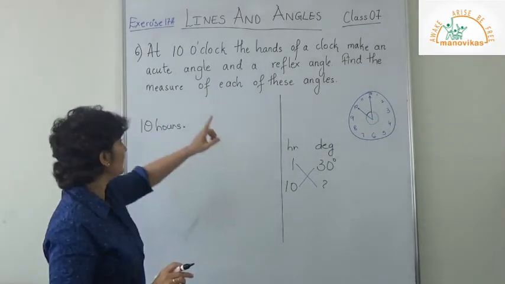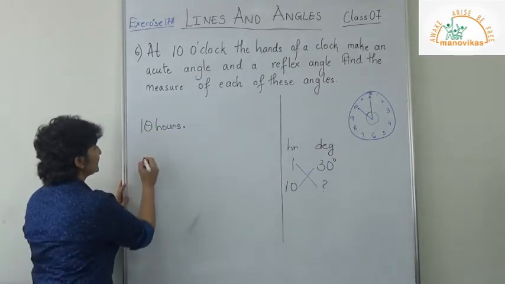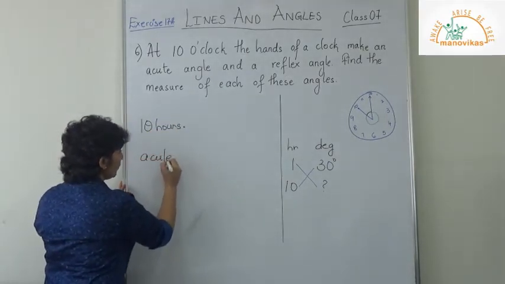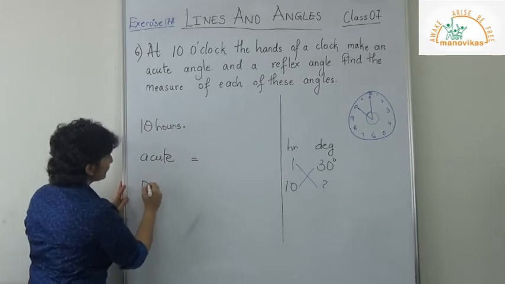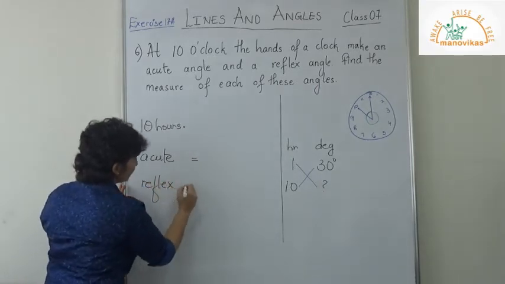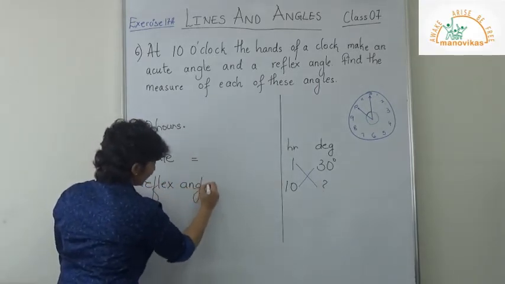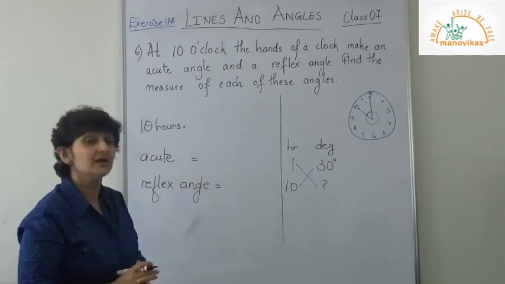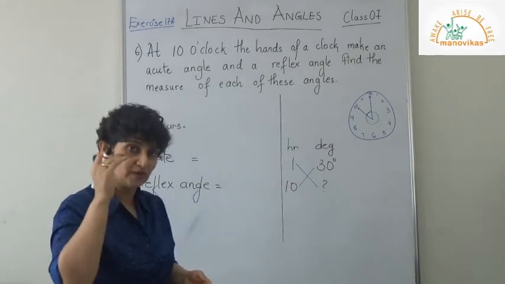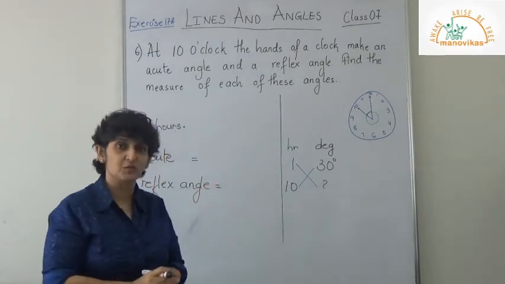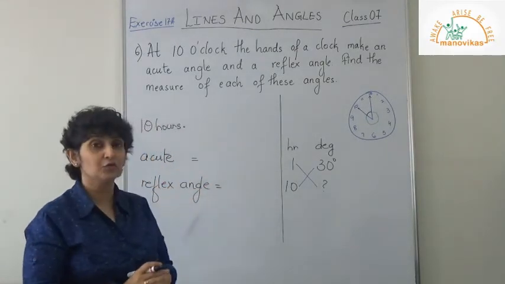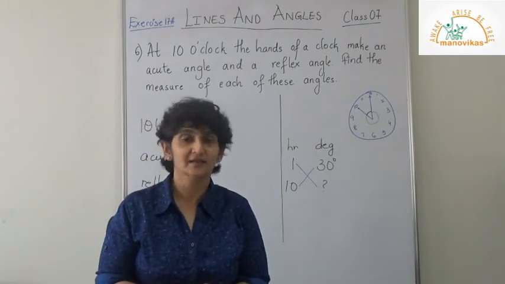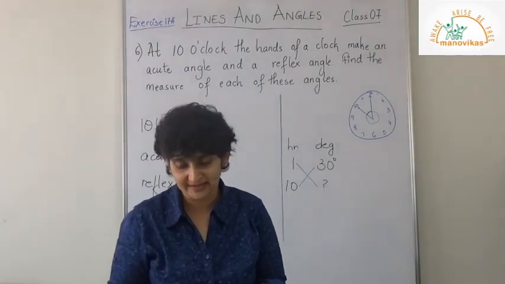So identify what kind of an angle it is. Is it an acute or is it a reflex angle? Then you know how to find out your acute angle. You will take 360 minus your reflex angle, that will give you your acute angle. Clear? Let's move on to the next question.